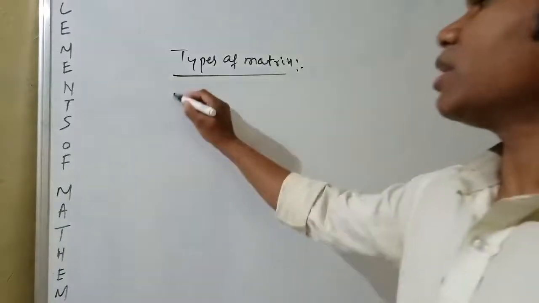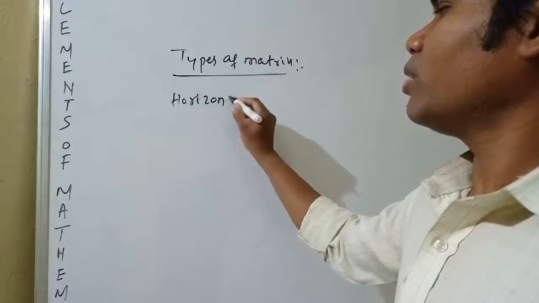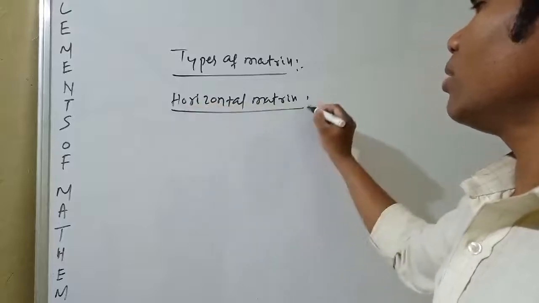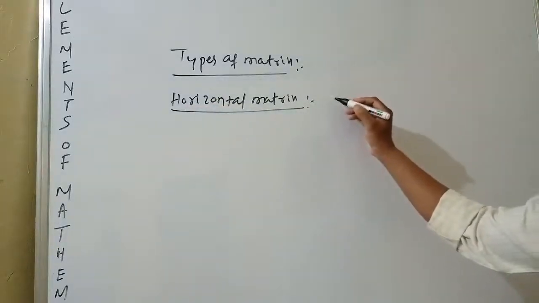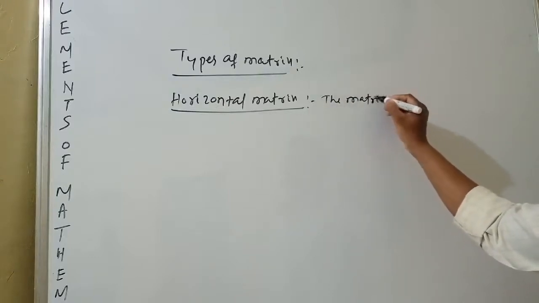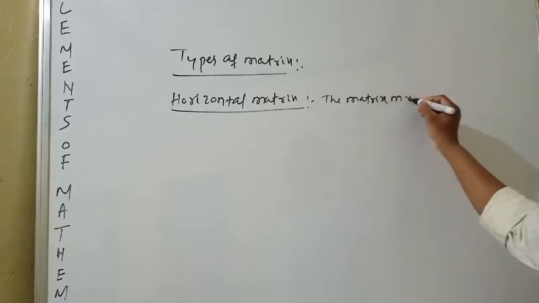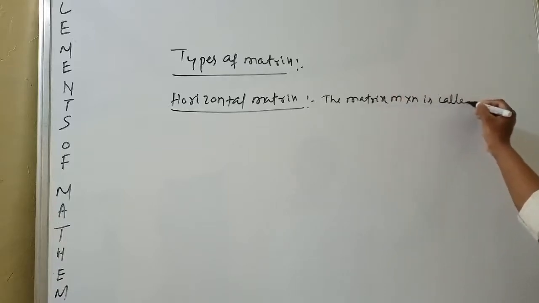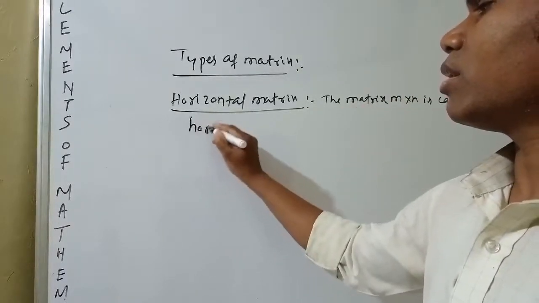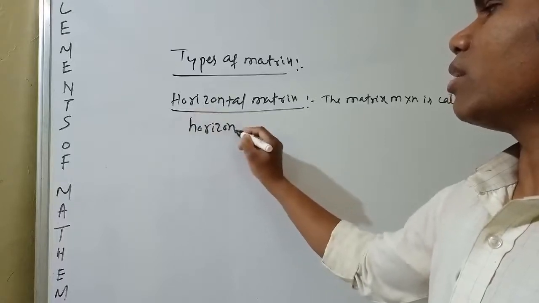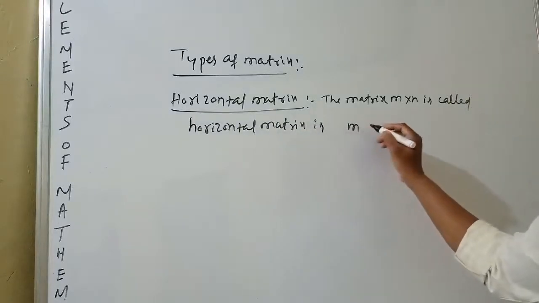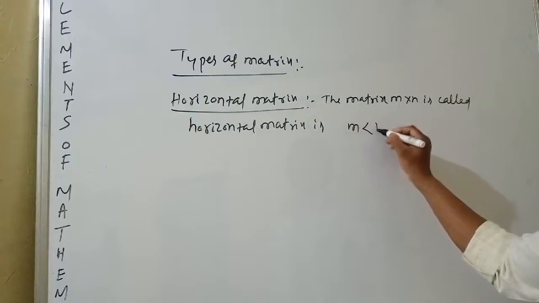Next come to horizontal matrix. The matrix of order m cross n is called a horizontal matrix if m is less than n.